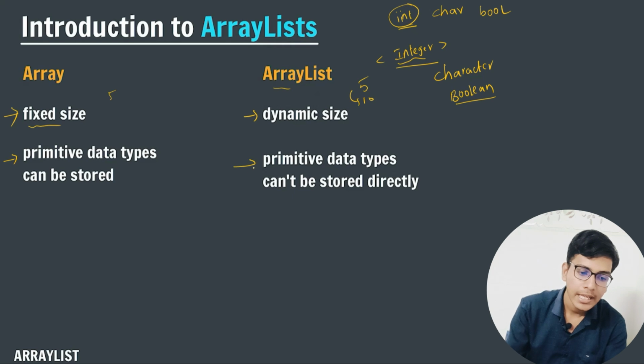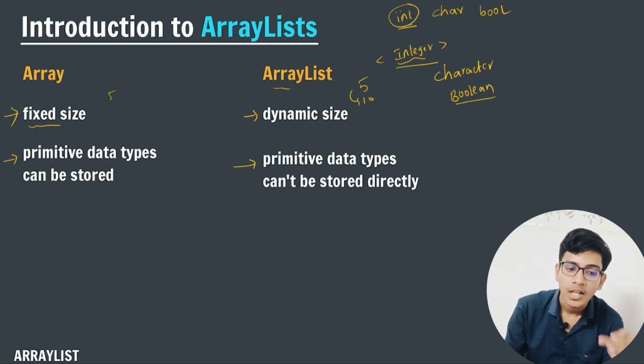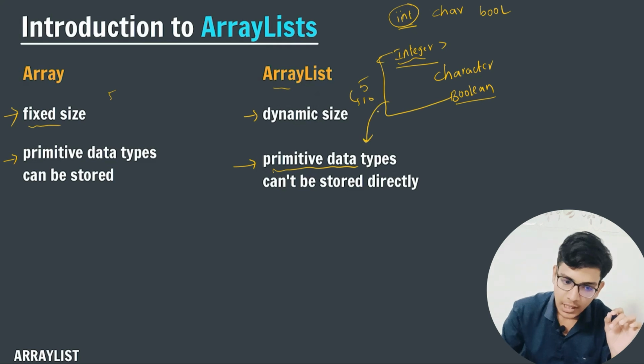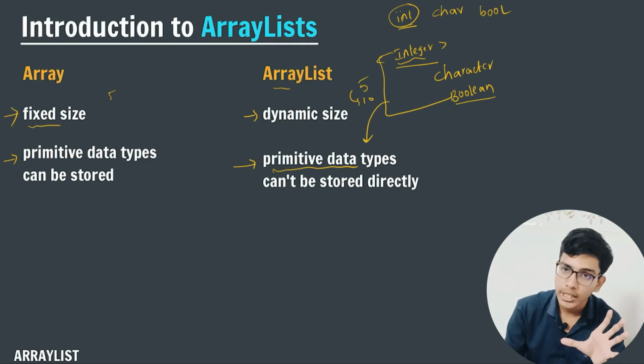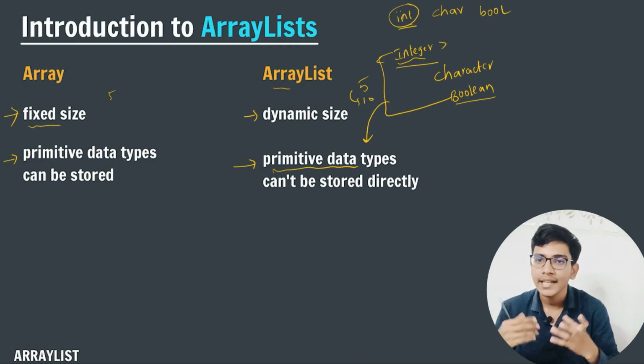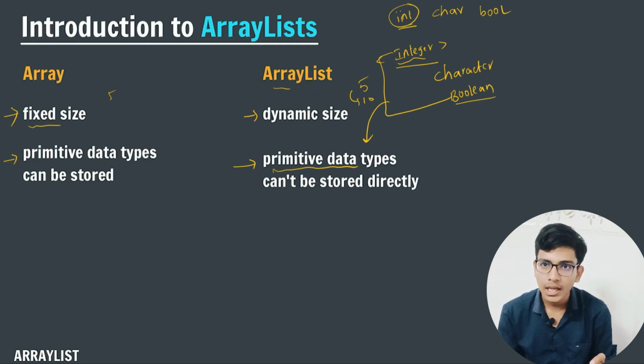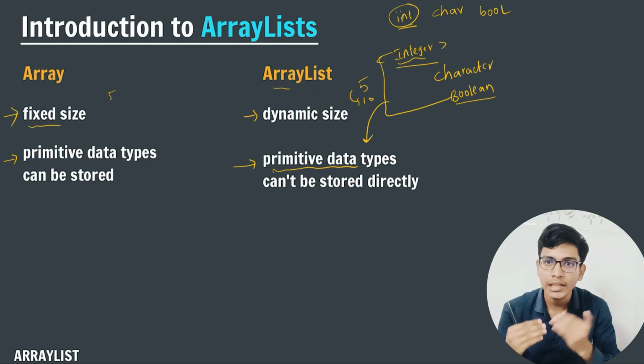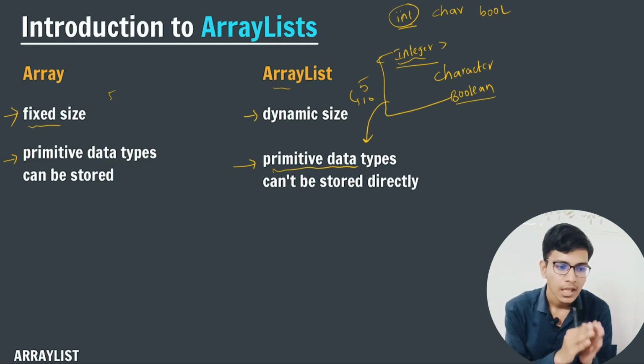So I can't directly give elements using primitive data types when it comes to ArrayList. For ArrayList I need to give the classes in place of primitive data types. These are the two major differences between arrays and ArrayList. The advantage of ArrayList is that we can alter and fluctuate the size, whereas in arrays we can't.